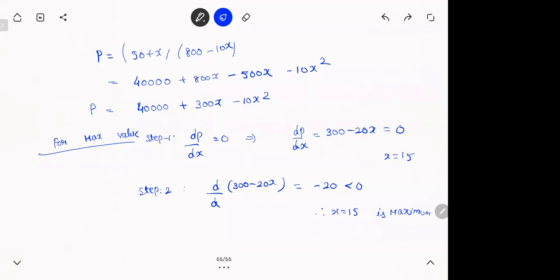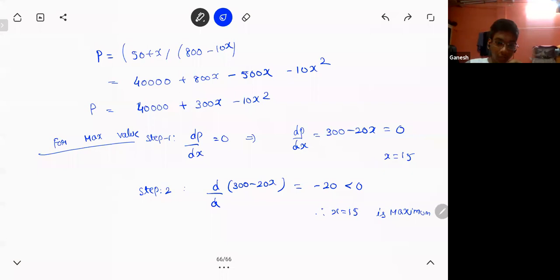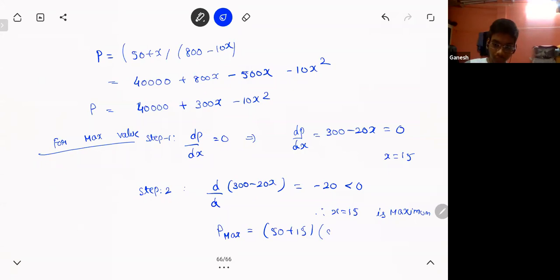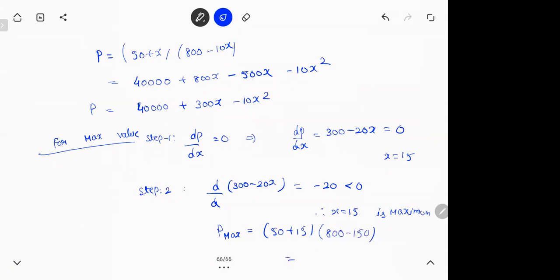This is fine. Sir, if we substituted x in the P, we will get the max production. हाँ, for max production x is equal to 15 substitute करो. 50 plus 15, I'm not doing it. You can do it. If you calculate that, there will be the maximum production of apples.